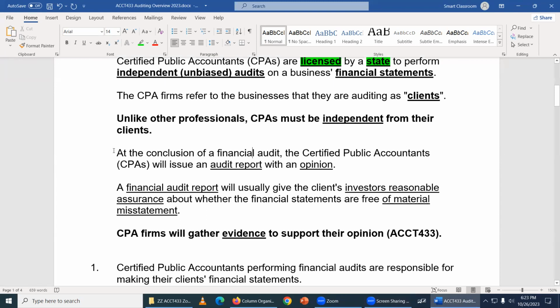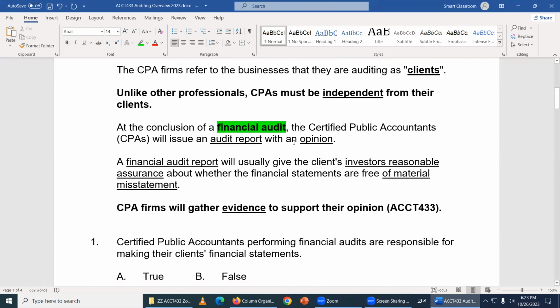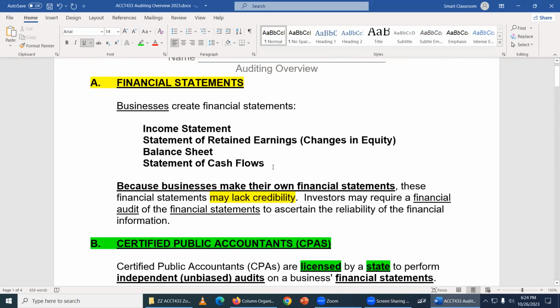Okay, so this is kind of how it works. This is kind of the nuts and bolts of it. When we do a financial audit, we will end up giving them an audit report, and that report has an opinion. These are sometimes interchangeable. You'll hear people call audit report and audit opinion back and forth. But the audit report goes along with the financial statements. So let me show you how that works up here.